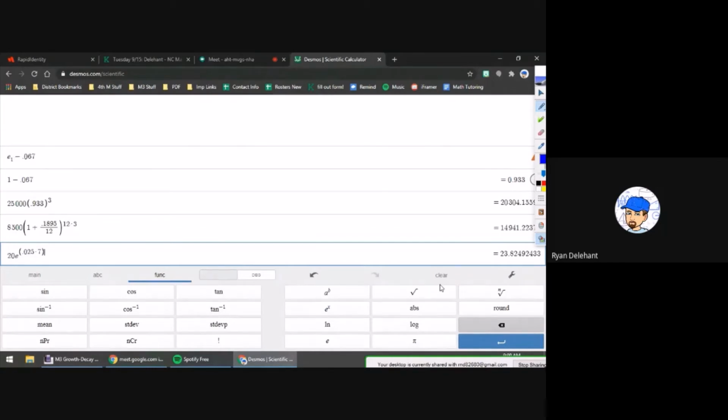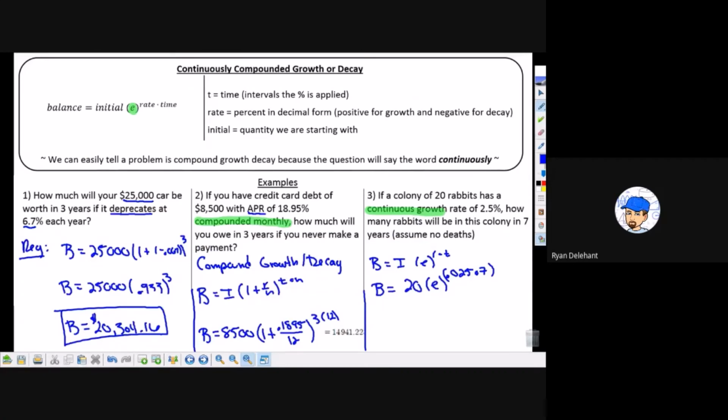Make sure what you see on your Desmos screen, if you're using Desmos for this, which I think would be a really good idea too, because it's a whole lot better than trying to do it on your handheld calculator, because you can actually see it the way it's supposed to be written. We get 23.82.